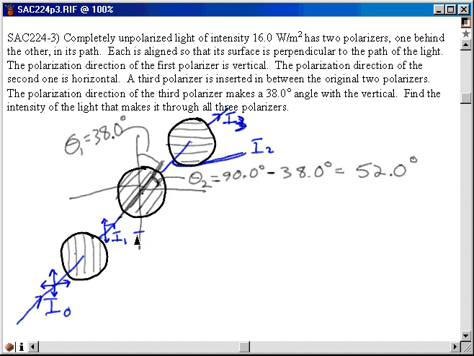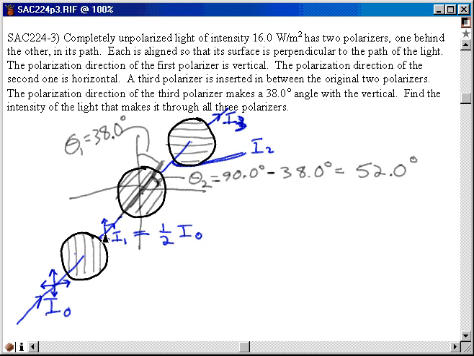Let's say I1, you got completely unpolarized light hitting a polarizer. Half of it gets through, no matter what the direction of the polarization of the polarizer is. So I1 is equal to 1/2 of I0.